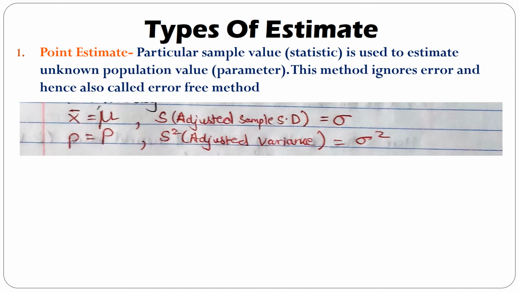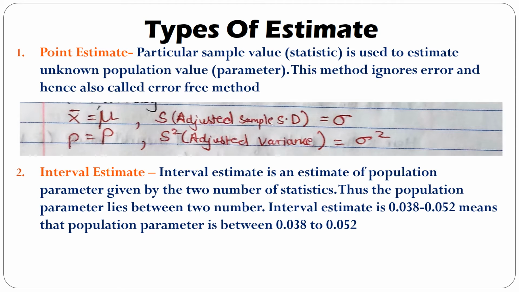And here we have sample mean is equal to population mean. Sample proportion is equal to population proportion. And similarly, s is equal to sigma, that is adjusted sample standard deviation is equal to sigma, and adjusted variance, that is s square, is equal to sigma square.